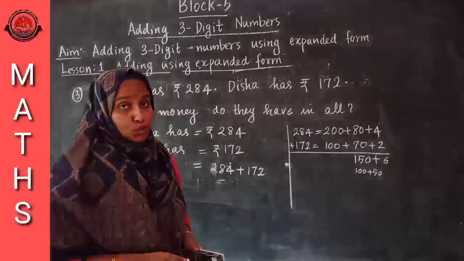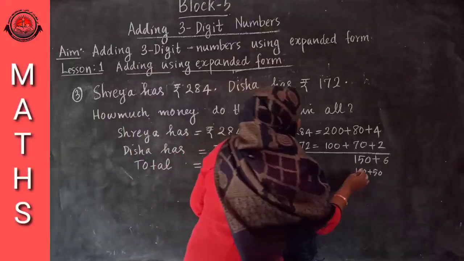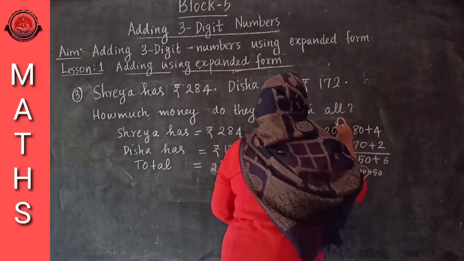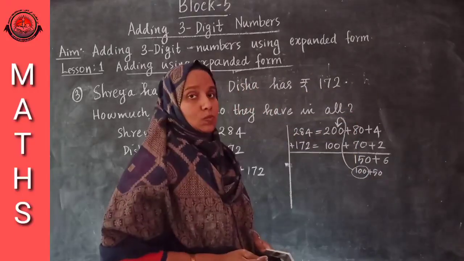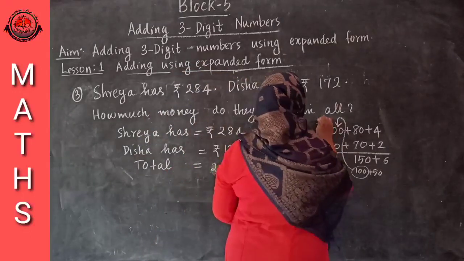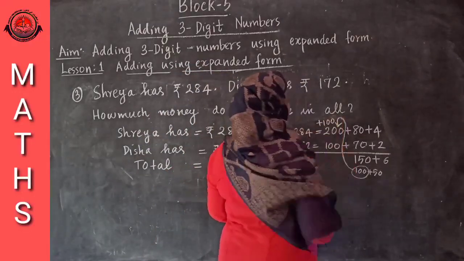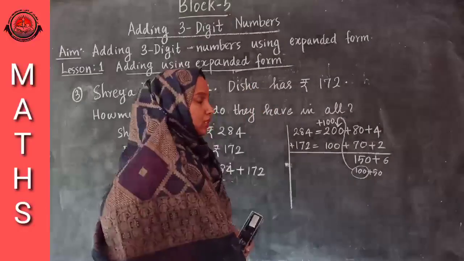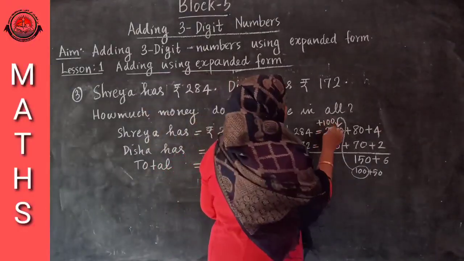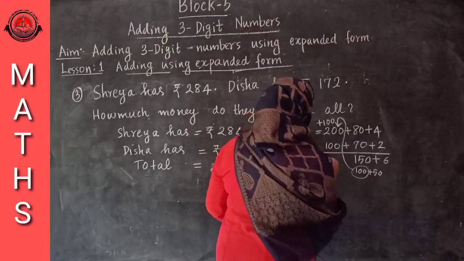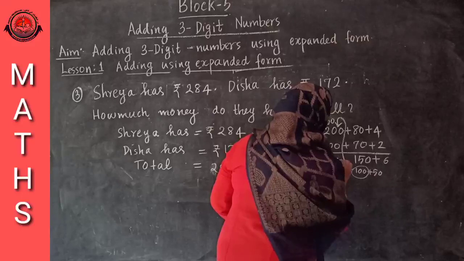Then what we have to do? This 100, we should regroup it into here. Then add it here plus 100. Here what remains? Only 50. So 100 plus 200 is 300. 300 plus 100 is 400.